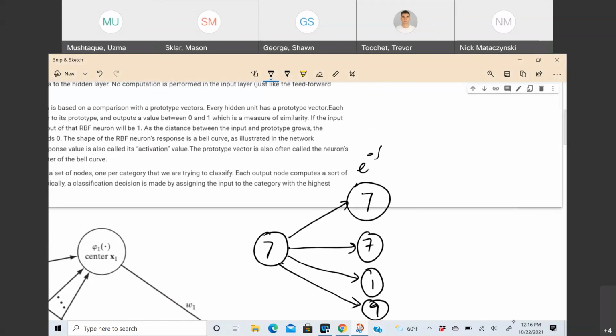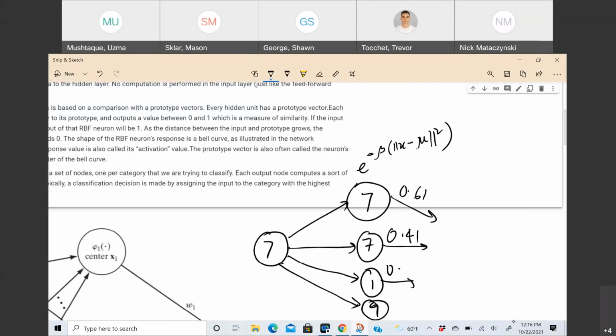Here, let's say I'm using a Gaussian kernel, and I have some way of computing x minus mu squared. So in some way I'm determining the distance between this 7 and this 7, this 7 and this 7, and so on. This is going to output some score. Let's say it outputs a weight of 0.61, I don't know. This one outputs 0.41.